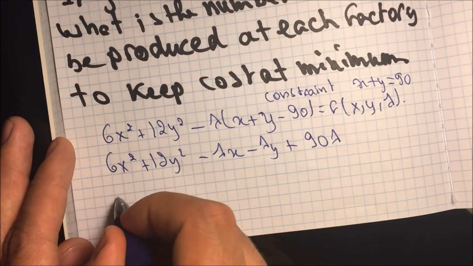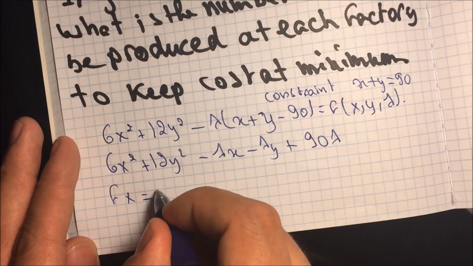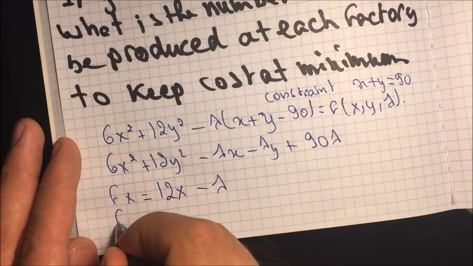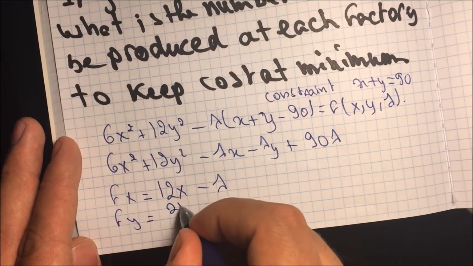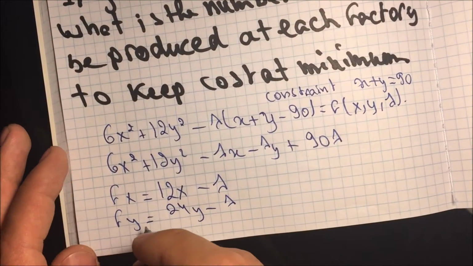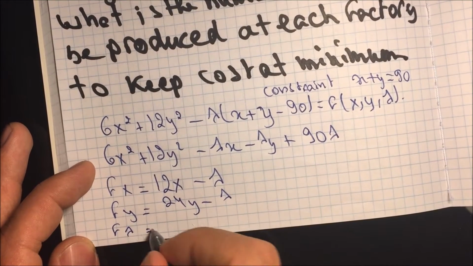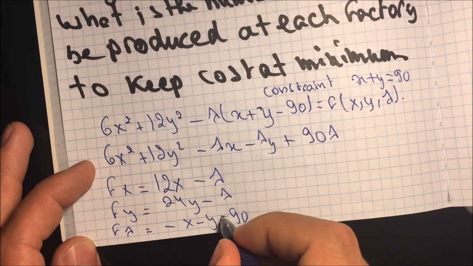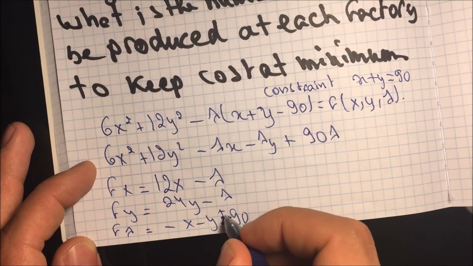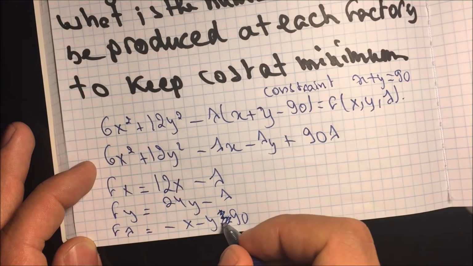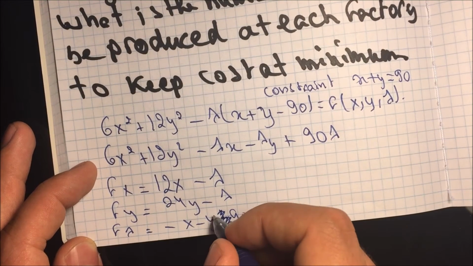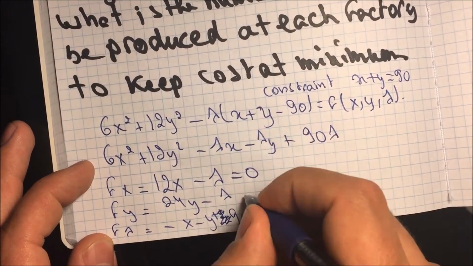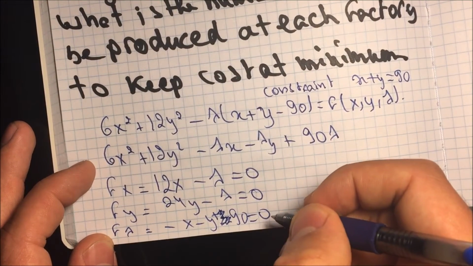After doing that, we get the partials: for x, it is 12x minus lambda, for y it is 24y minus lambda, and for lambda it is negative x negative y plus 90. Then we set the partials equal to 0.